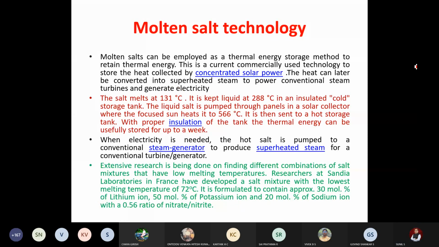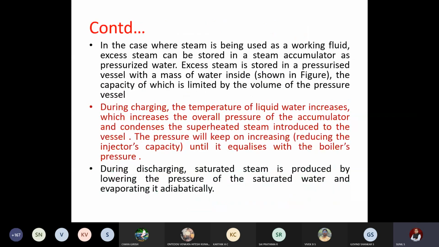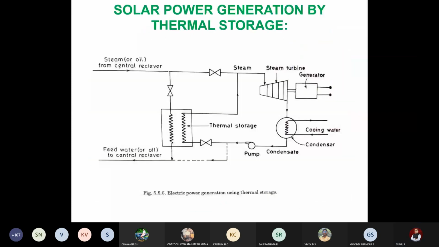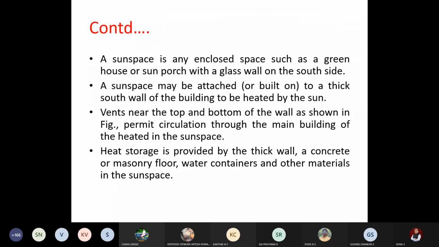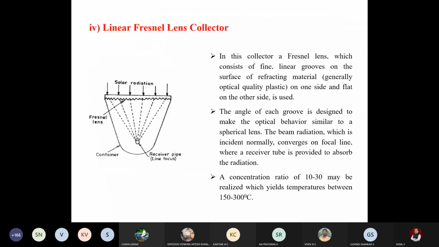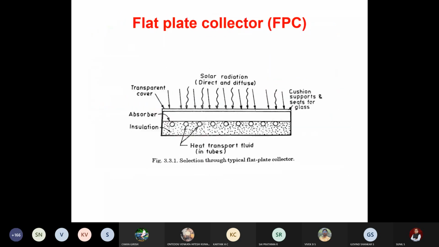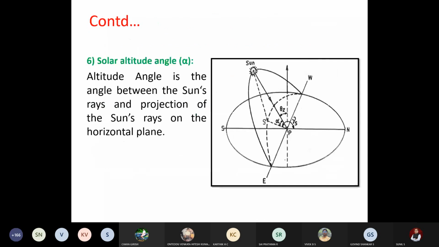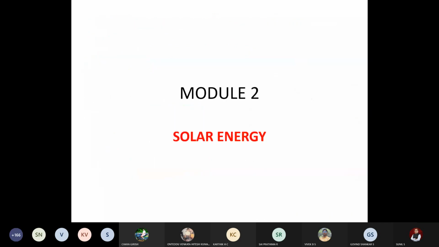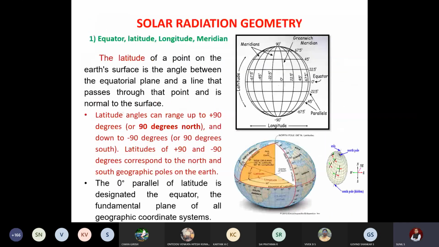So almost we have completed the second module. Let me brush up on what we have discussed in this module till now. First, we started with solar radiation geometry.